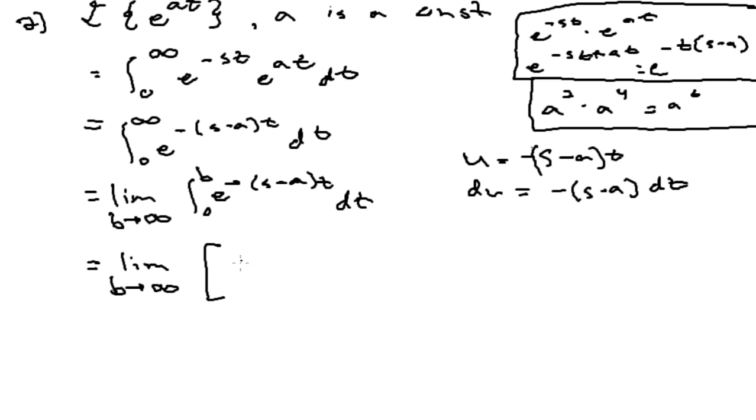After nyo evaluate yan, magiging e raised to u du lang din naman yan. So nagiging negative 1 over s minus a e raised to negative s minus a t, definite integral.